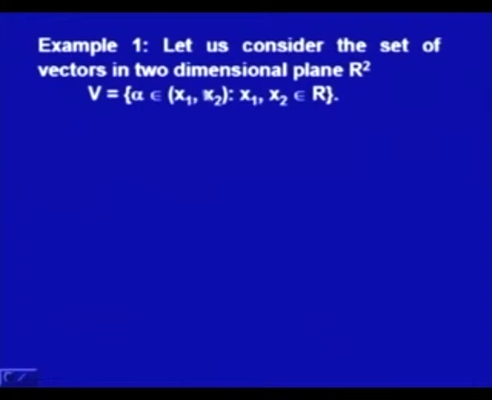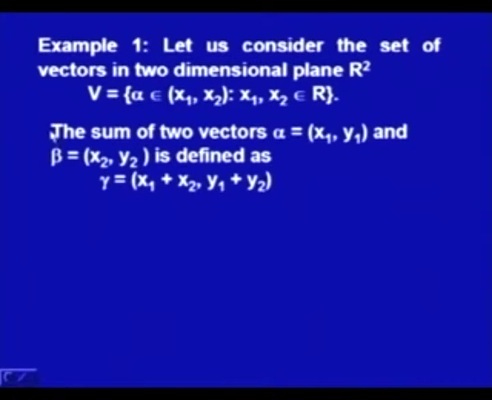So, if we consider this set of vectors and we define the addition of two vectors alpha (x1, y1) and beta (x2, y2) as another vector gamma, which is (x1 plus x2, y1 plus y2).